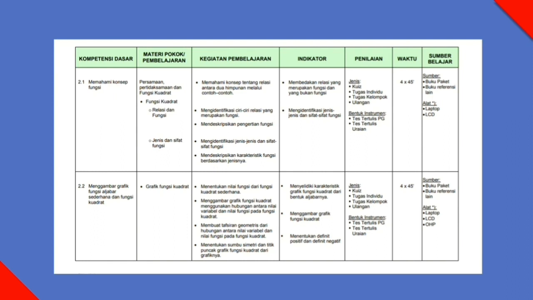In the first basic competency, it is about function, and there are learning materials that describe these basic competencies. There are learning activities that show us how to do the class, and there are indicators that must be exhibited by students.